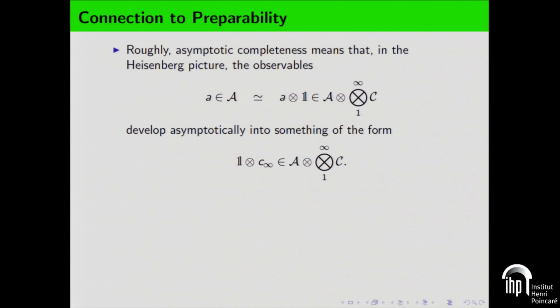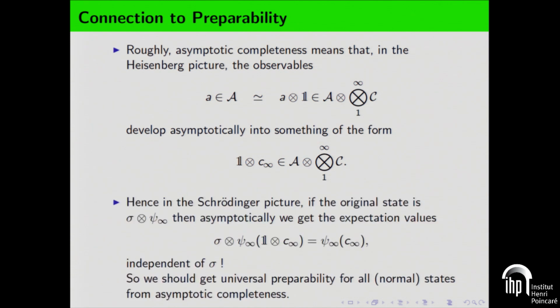So that's asymptotic completeness. But let's look at this in the Schrödinger picture and think of the original state as sigma tensor psi infinity. So sigma on the system A and something on these copies of C. Then what happens asymptotically?